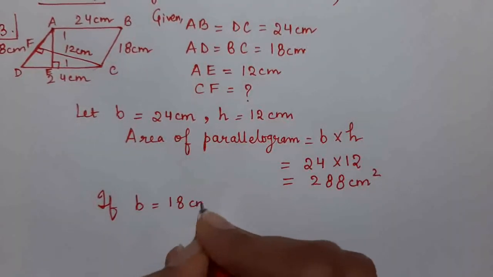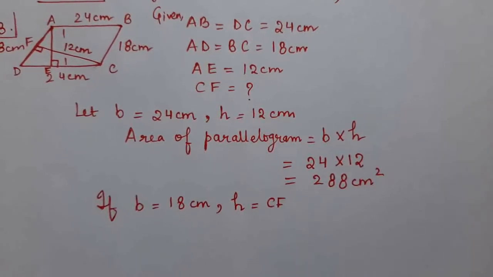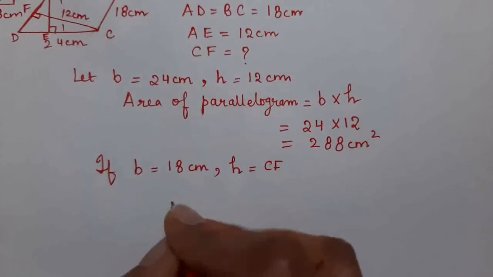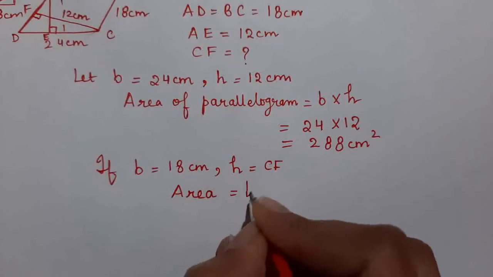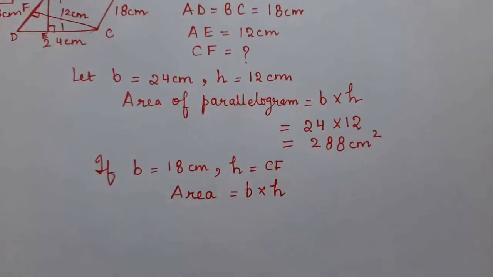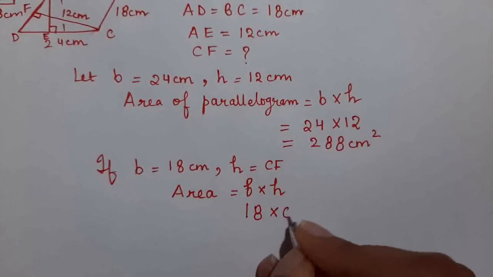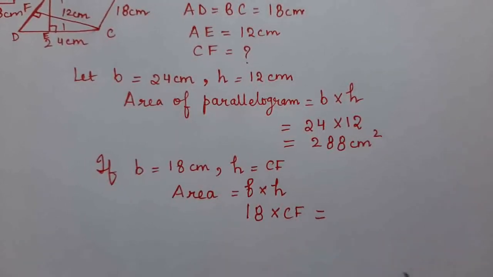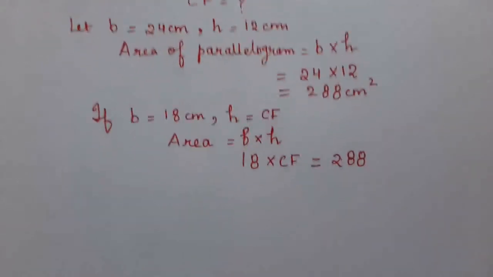If the base is 18 centimeter, then height will be equal to CF, right? So area will be equal to base into height. So the base in this case is 18 and the height is CF, and the area is equal to 288, right?